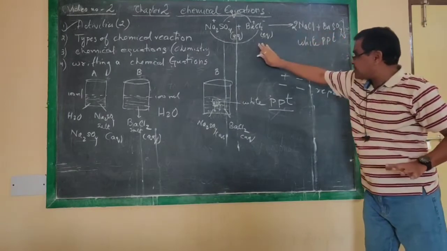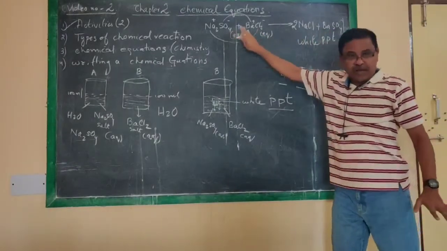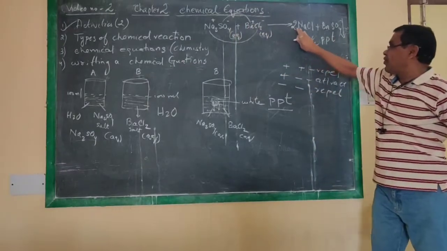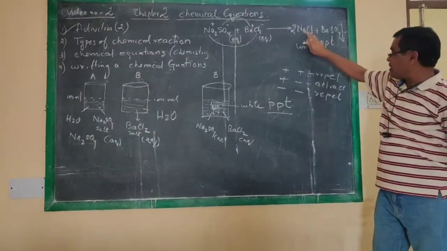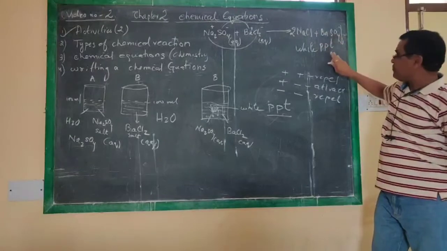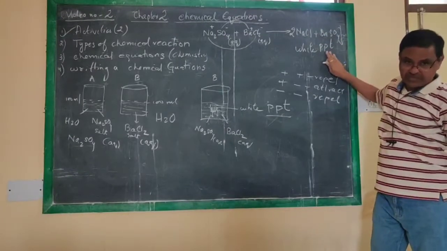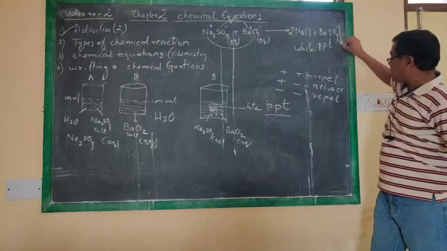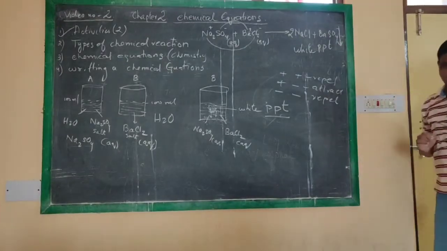So this is the reaction when two aqueous solutions combine together. That means sodium sulfate plus barium chloride will give you 2 molecules of sodium chloride and barium sulfate, which is a white precipitate. Whenever we get a precipitate, it should be marked with a downward arrow.